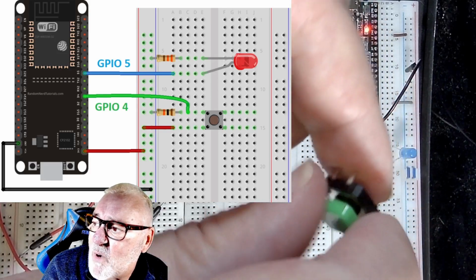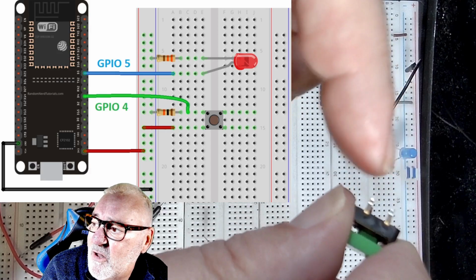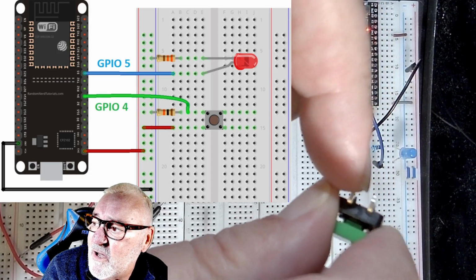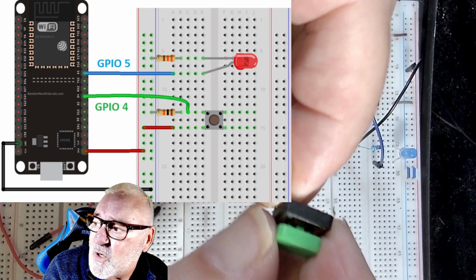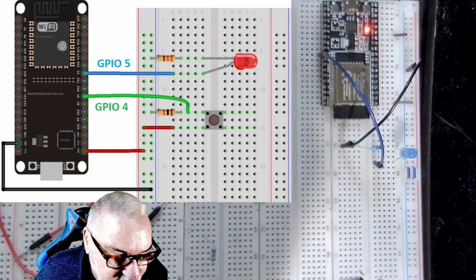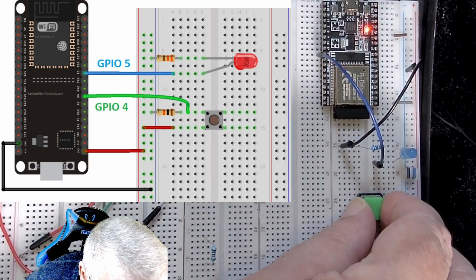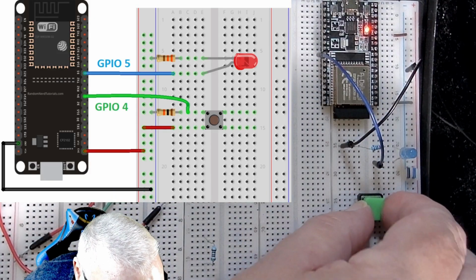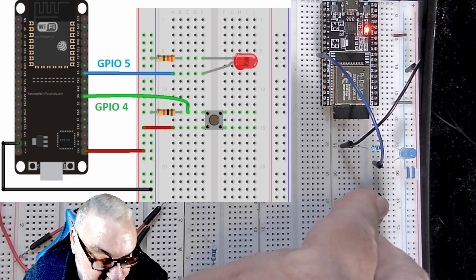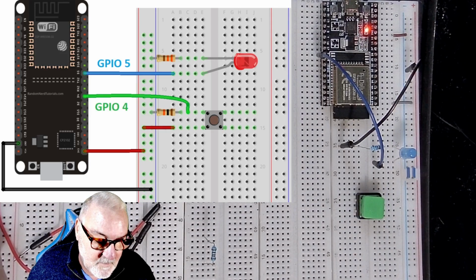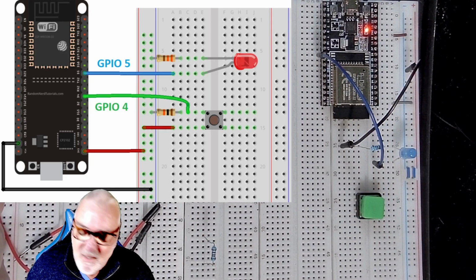If we turn it this way, they are not connected across there. So what we need to do is get the crab-like feature and go across the trench, like so.